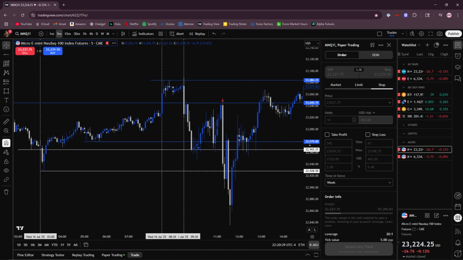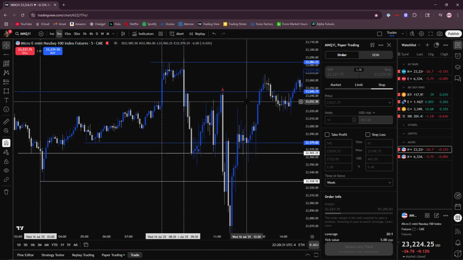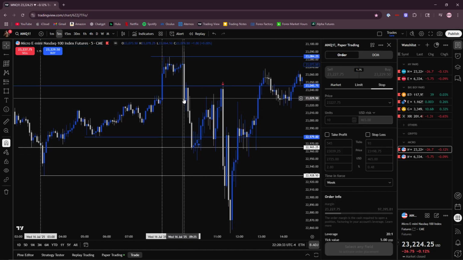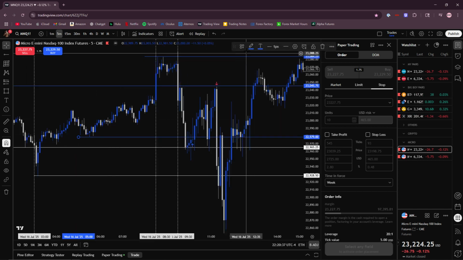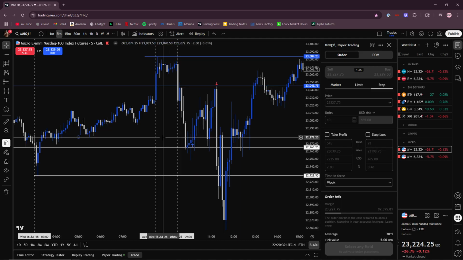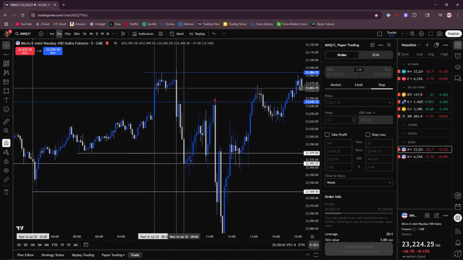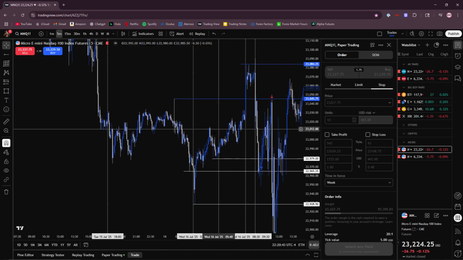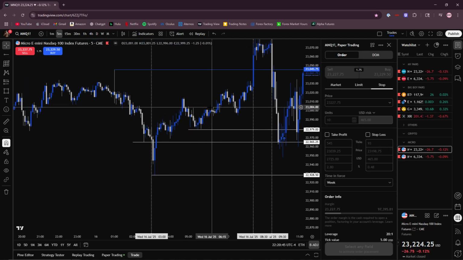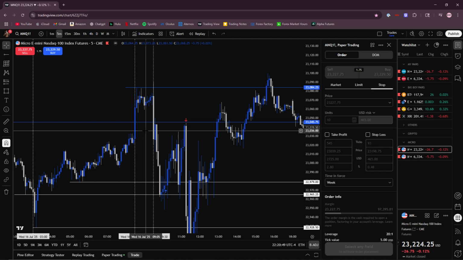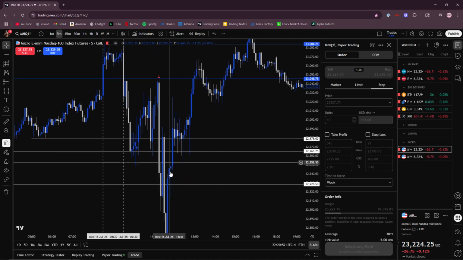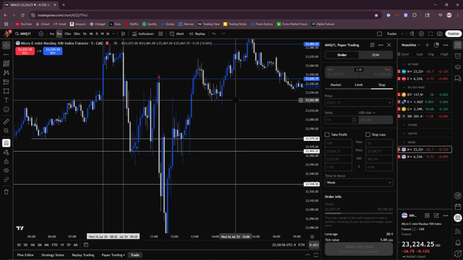So basically I entered here purely off of a 1 minute break of structure after this hourly low right here got swept. So this was definitely manipulation to the downside, continuation higher. This was just an unfortunate wick that price decided to push down on. It was just a sneaky stop out.